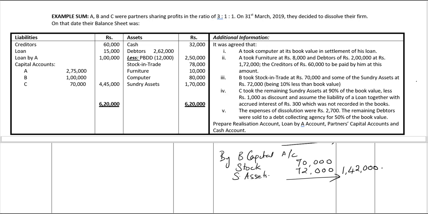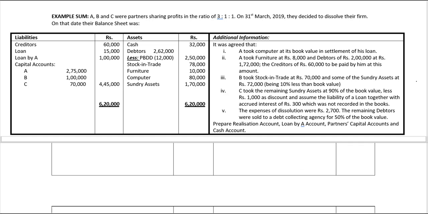Fourth point, C took the remaining sundry assets at 90% of the book value, less rupees 1,000 as discount, and assumed the liability of a loan together with accrued interest of rupees 300, which was not recorded in the books. Let's go to the working notes to find out the value at which C takes over the remaining sundry assets.